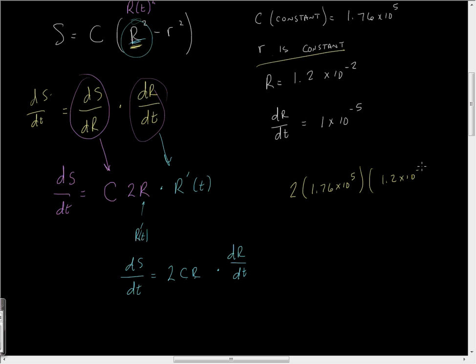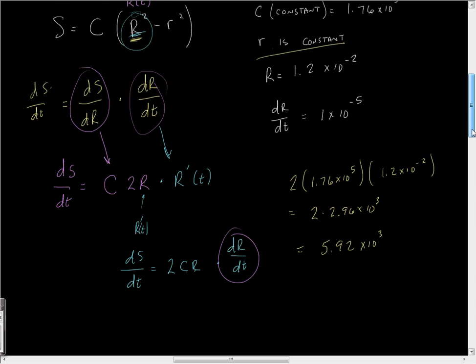This is equal to 2 times 2.96, 0.96 times 10 to the 3, which is going to be 5.92 times 10 to the third. But we still have to multiply that by dR/dt.